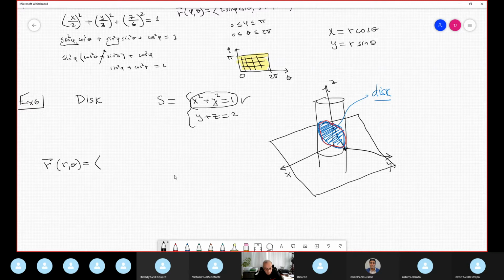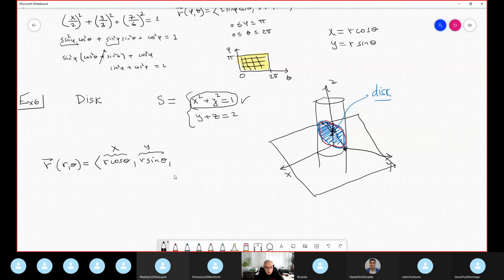But in this case, r is variable, because it's not the same r in the center of the disc and the border. This is r cosine theta, comma, r sine theta. This is the x component of the disc. This is the y component of the disc.